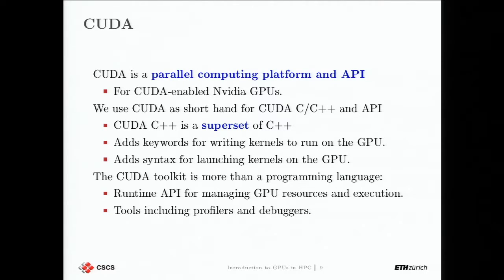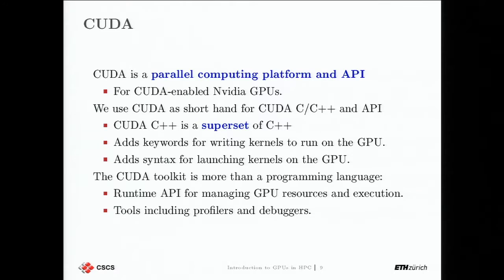So once you've defined something that you want to run on the GPU, it provides a syntax for launching that work on the GPU from the main application. You can think of it as C++ with some extra features added on.